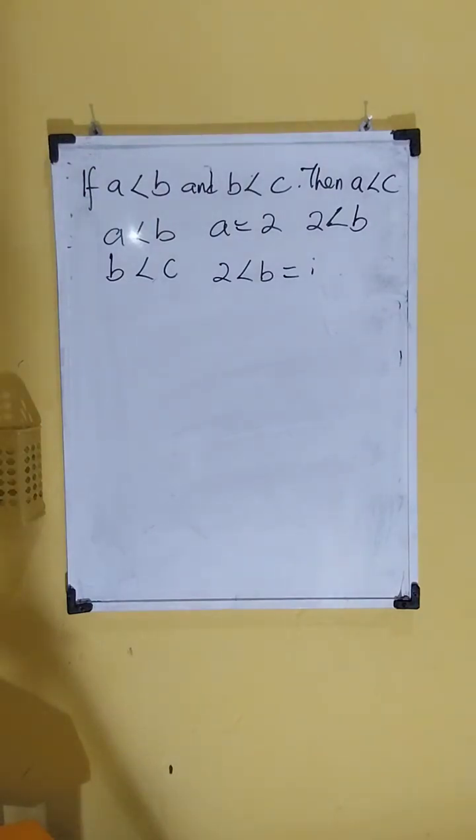Let me start with those that their hands are up. Let me start with Ola. Ola, what do you say? Yes, Ola. Okay, let's go to O2. O2, what do you say?